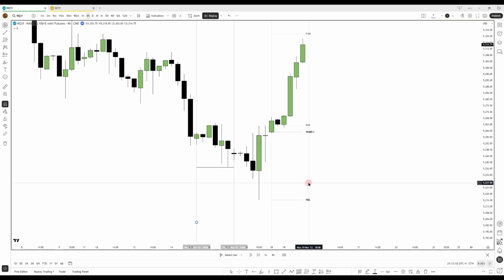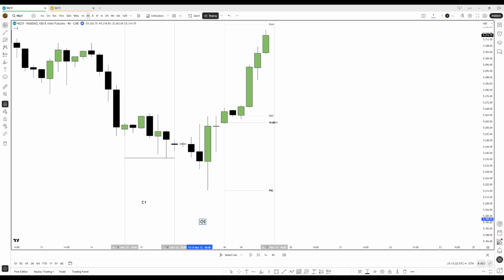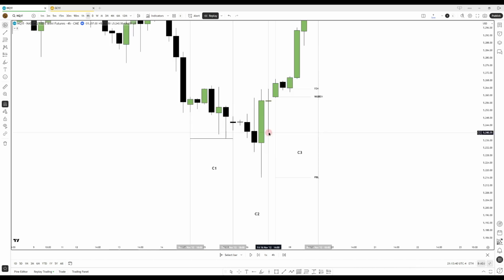Okay, so now we have candle 1. Now we have over here candle 2. Now we have over here candle 3. Okay. You see that? You see how we flipped, and what does it look like over here?